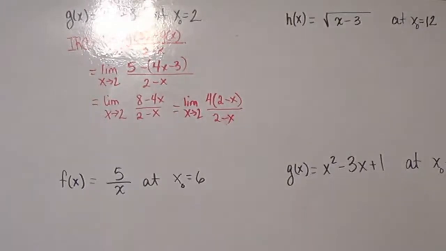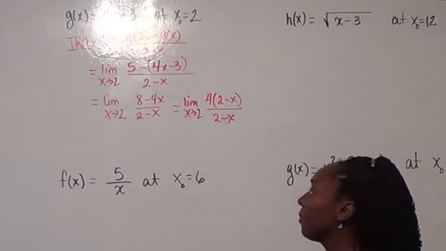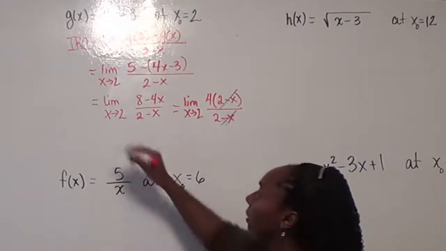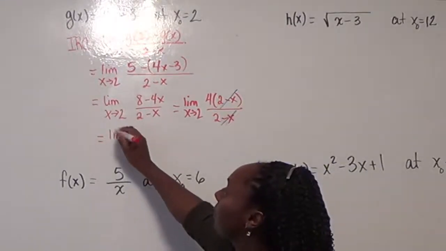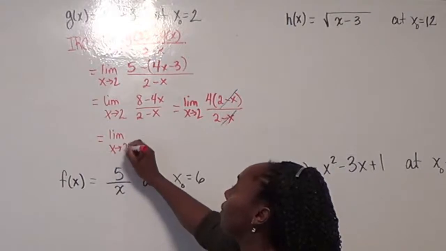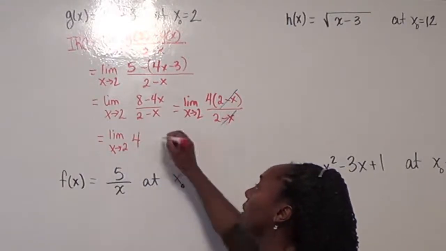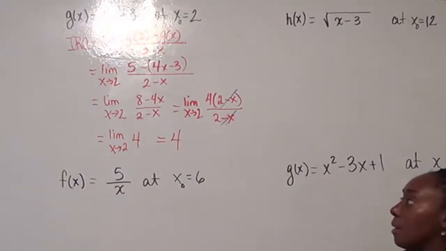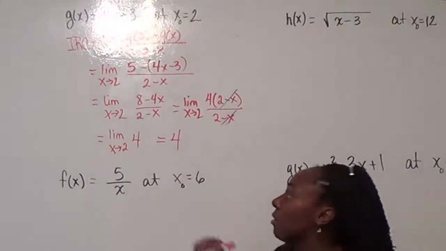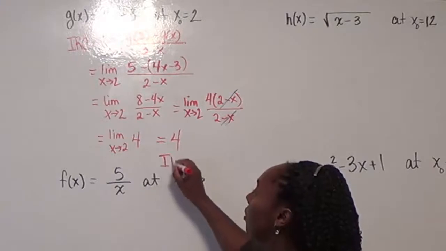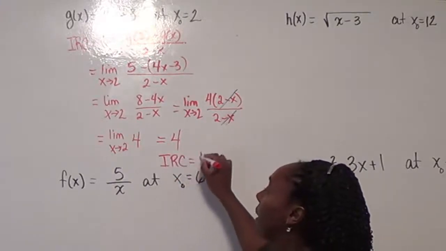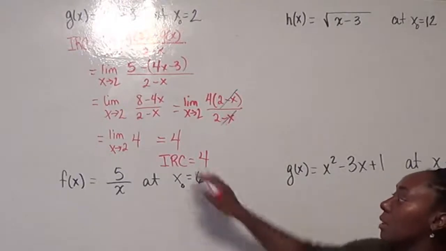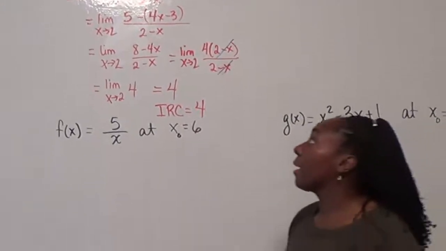We can cancel the like factors. So we're looking at the limit as x goes to 2 of the constant 4, which is just 4. So this tells us our instantaneous rate of change, or again, the slope of the tangent line at that particular point, is just 4.